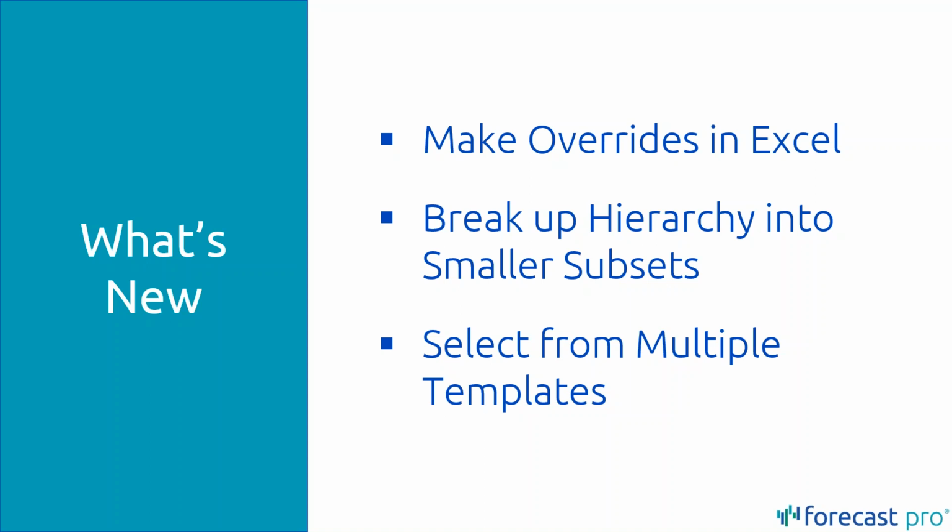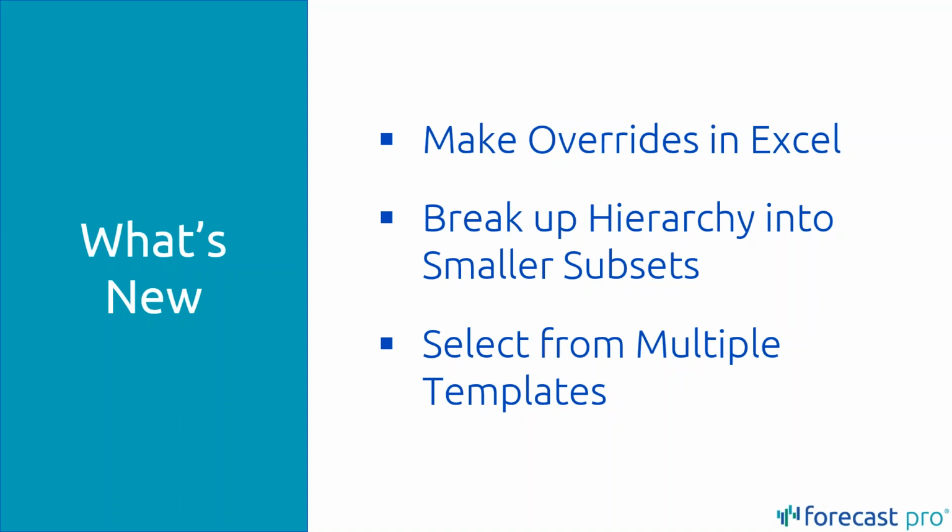We also have the ability to select from multiple templates. So the way we export this data can now be specified in different ways. Currently in the program, there are 2 templates, although there may be more in future releases of the software. Right now, you can technically export your overrides from Forecast Pro.